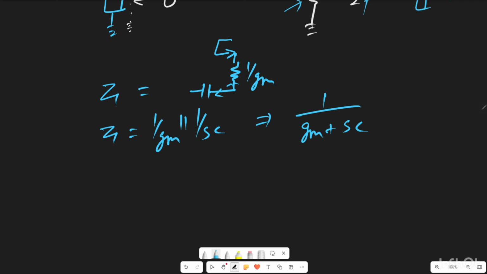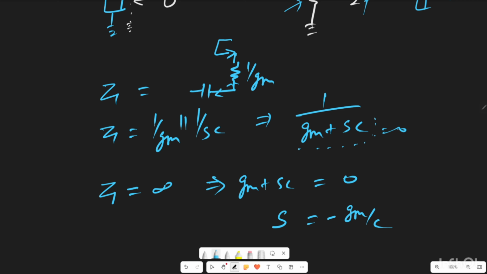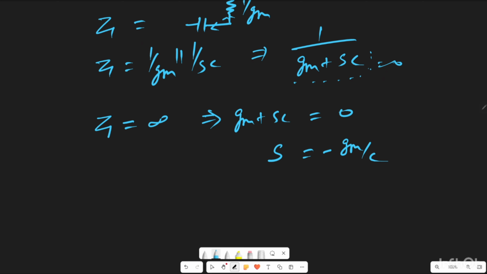Now to make Z1 infinity, this Gm plus Sc part should be 0. To make it 0, the frequency S should be minus Gm over C. So this is our zero frequency. So the zero is at minus Gm over C as well.